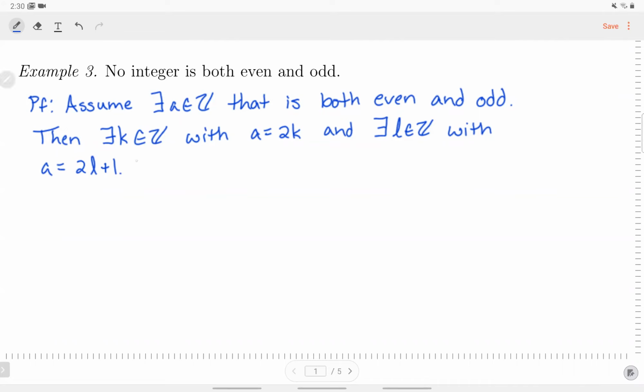So, but this means 2k equals 2L plus 1. So I'm going to do a little bit of algebra in my head. I get k minus L equals 1/2.